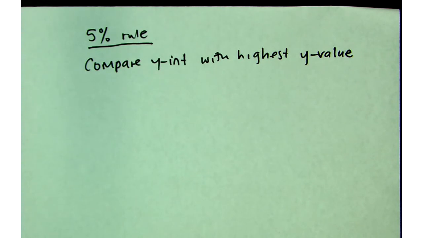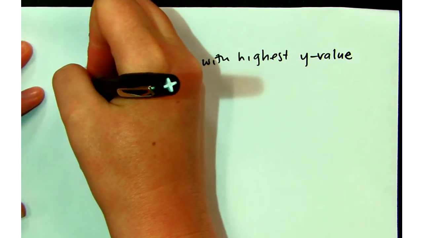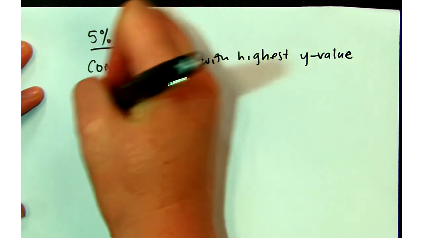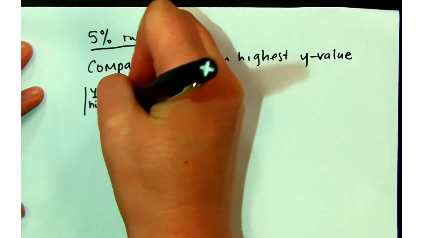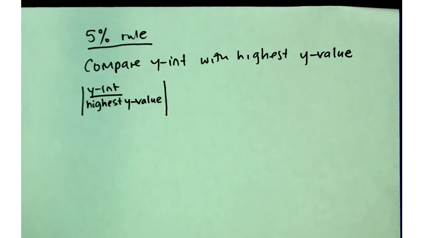So here's what the 5% rule is. We want to compare, here's my y-int. I'm going to divide it by the highest y value. Really what that means is the largest y value, which could be a really negative number. And we want to see, is it less than 5%?